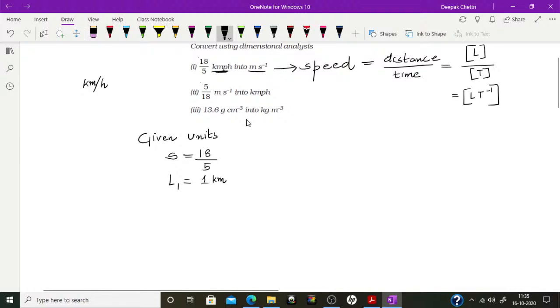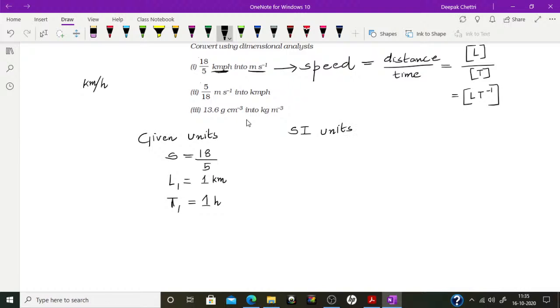Next, T. I need L and T, so that's why I'm writing L and T. I don't need mass, so we don't write M, right? So T1. Now look here, hour, right? So it's 1 hour. Now I need to convert to meter per second, so it's SI units.